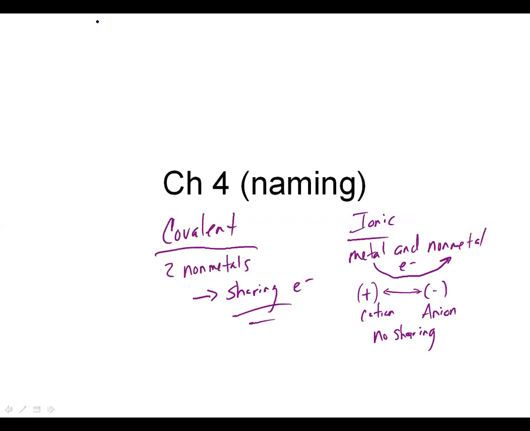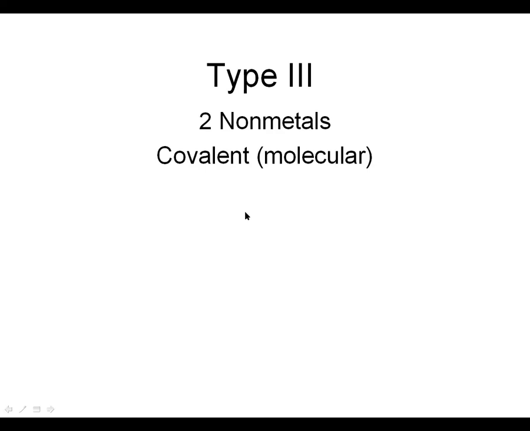So we're going to finish up here talking about naming these type of guys that are covalent. And those guys are sometimes referred to as type 3 compounds. And type 3 compounds, as I just mentioned, are basically two nonmetals. And these are really the easiest ones out of all of them to name and write the formulas for.